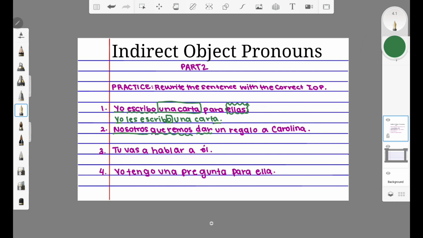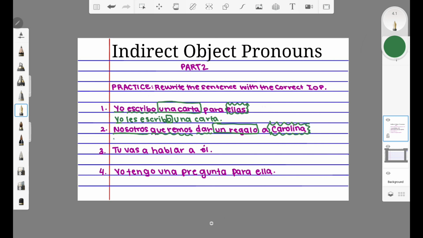Un regalo is the direct object, and Carolina is the indirect object. We want to give a gift to whom? To Carolina. And this is ella. So le is our correct one.